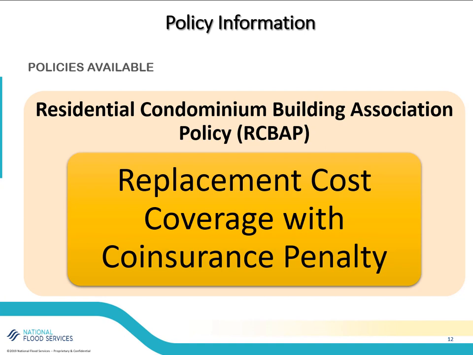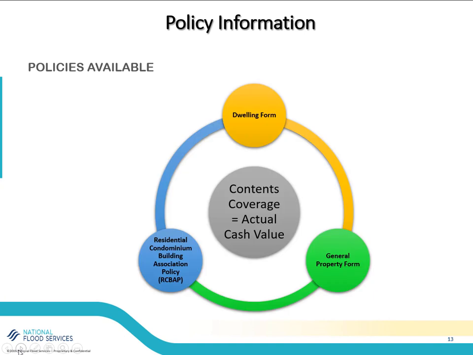However, if the structure is not insured to 80% of the replacement cost or the maximum allowable in the flood program, a coinsurance penalty will be applied before the claim is paid. Contents coverage, no matter which of the different policy forms is being used, is always settled in actual cash value.